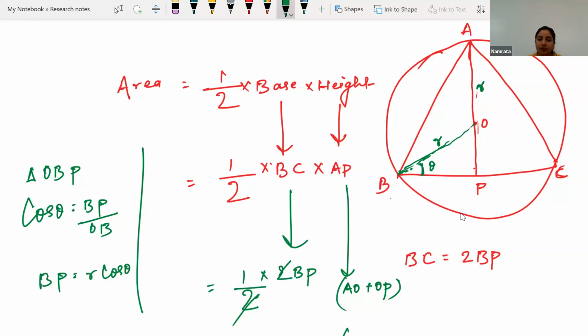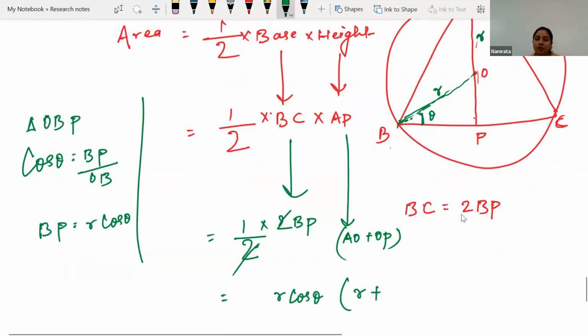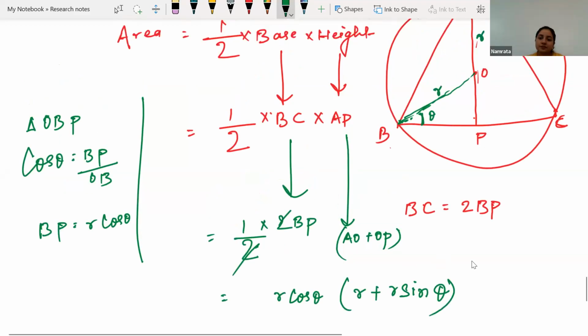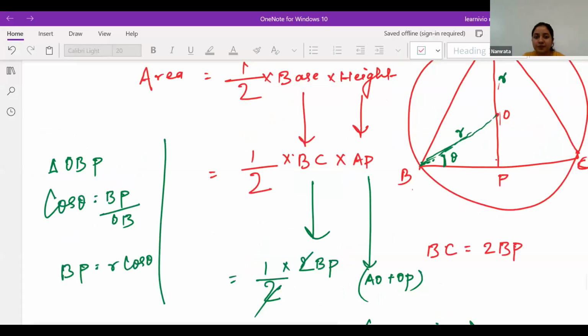OP over hypotenuse, so OP will be R sine theta. Can I say that? Let me know. Are you getting it? Yes. Let's move ahead.